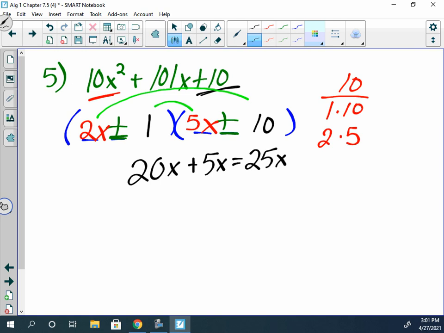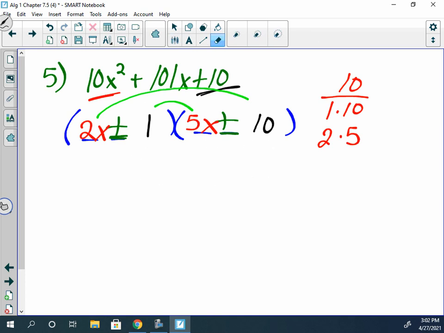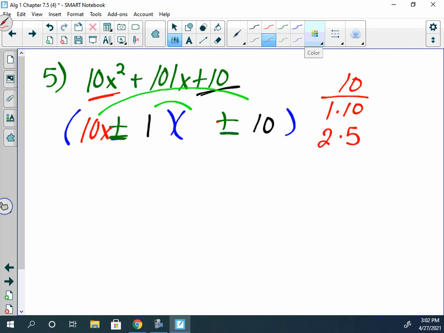Well, I've exhausted every setup for having 2x and 5x, yes? So that means 2x and 5x are not going to work. We're going to have to use 10x and x.